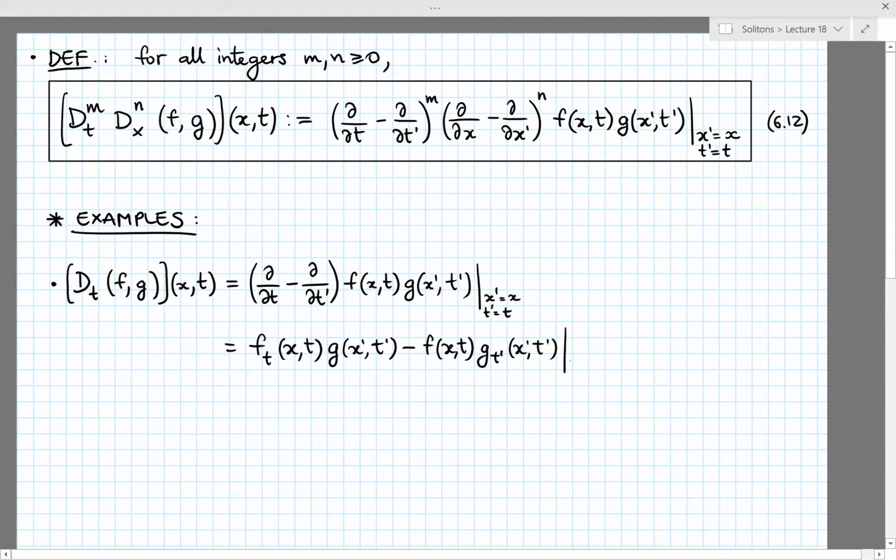And then we set the prime coordinates to be equal to the unprimed coordinates. And so we get f_t of x comma t times g of x t minus f of x t times g_t of x t.